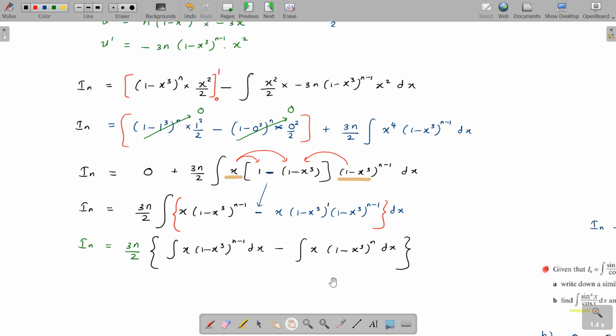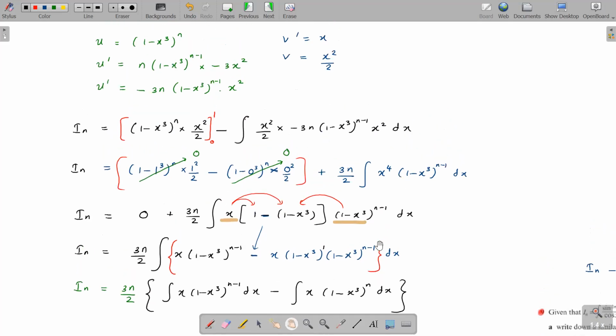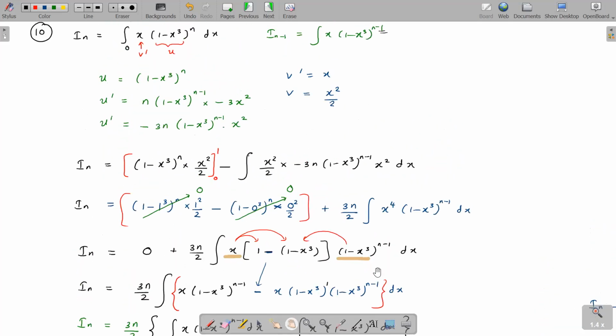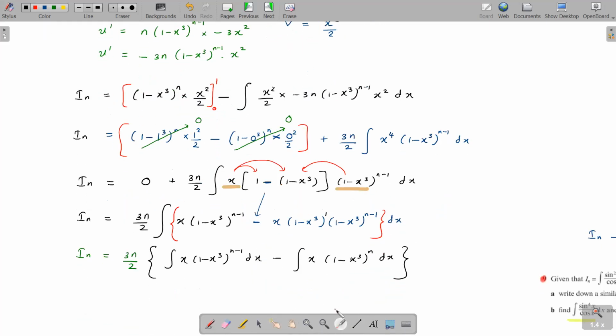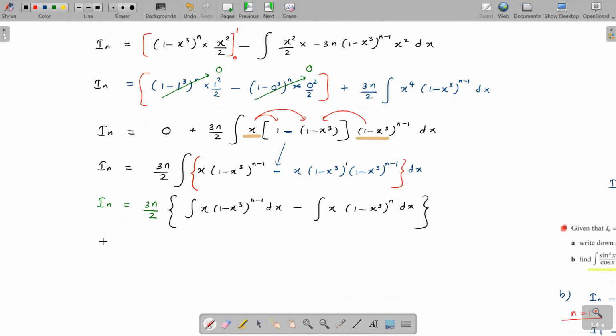So do you see what I have created over here? I have x times 1 minus x cubed to the power n is I n. x times 1 minus x cubed to the power n minus 1 is I n minus 1. Do you see I have created both of those here? So I get here I n equals 3n over 2.